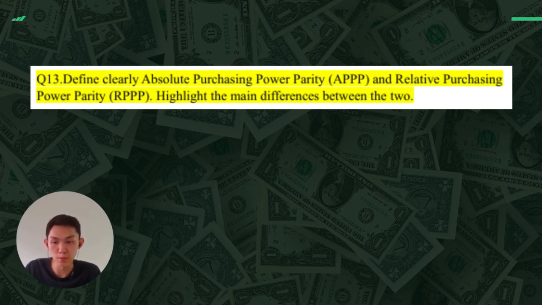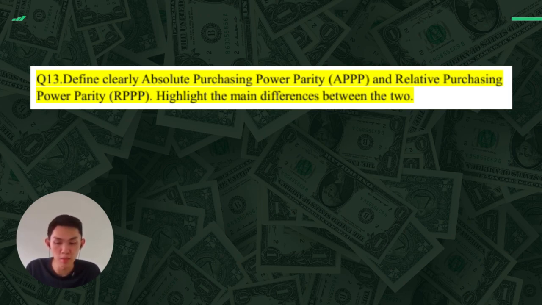The relative purchasing power parity (RPPP) is a theory that suggests the relationship between a country's inflation rate, the change in price level, and the change in the exchange rate against another country's currency. So the main difference is that APPP focuses more on the overall price level relationship, but RPPP focuses on the relative change in price level and its impact on the exchange rate itself.